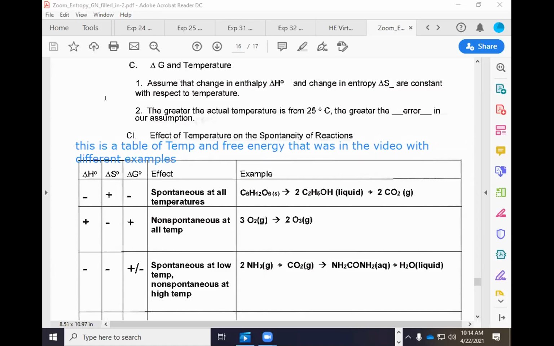Okay, well, that went by fast. Okay, so this is what was in the video. And I made a table. I also made different examples. There's also a table in your textbook. So let me find that while you copy this down.